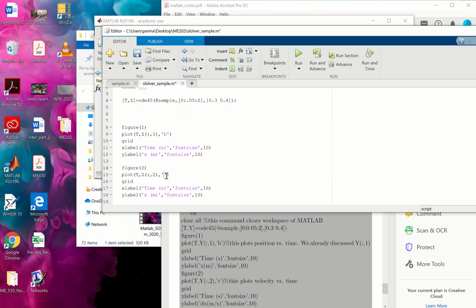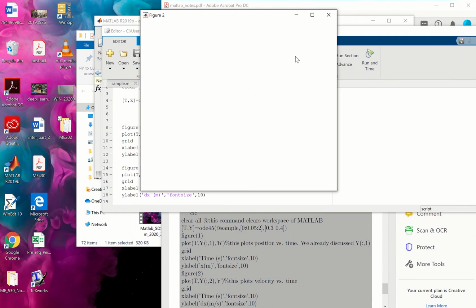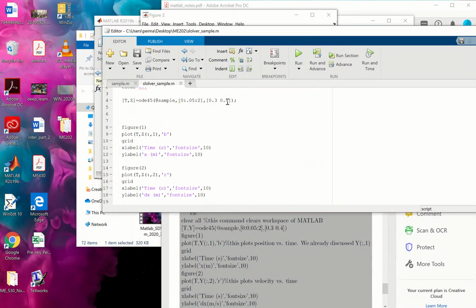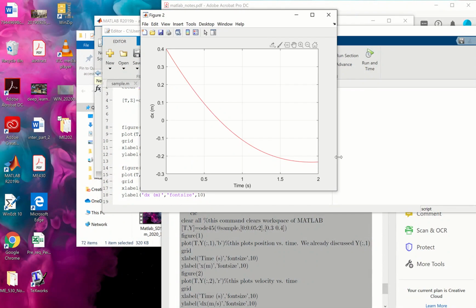But I'm going to plot it for this, and then I'm saying here the y label is the velocity dx. That's right. And here we go. See? This is dx, velocity. Its initial condition was what? 0.4. Here we go. It shows the velocity of your car or hand with respect to time.